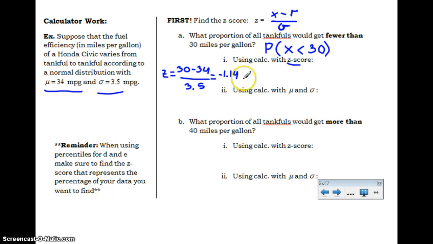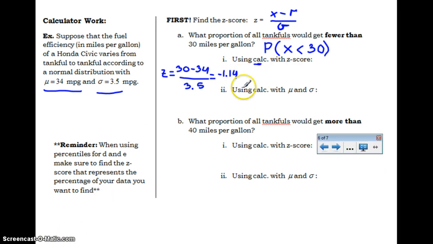You should get a z-score of negative 1.14. All right, so we should get negative 1.14 as our z-score. So since this problem is asking us to use our z, what we are really looking at is the probability that z, not x, because we converted our x value of 30 to a z value of negative 1.14. So we're looking at z being less than negative 1.14.